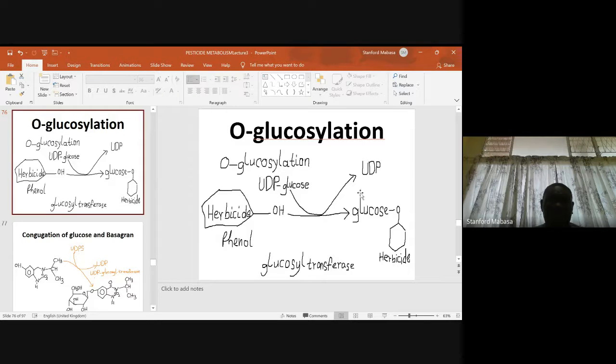And this is facilitated by an enzyme known as glucosyl transferase. Once glucose has been donated, UDP is liberated there.